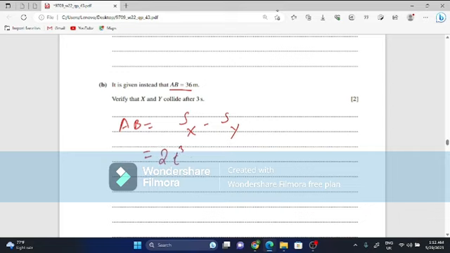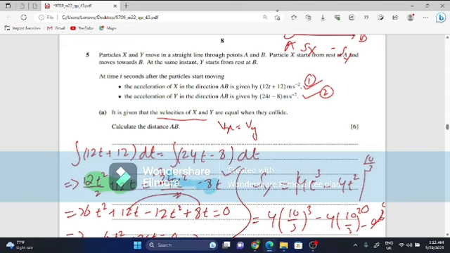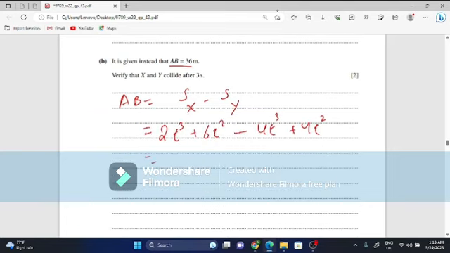So plug in the relevant expressions that you have calculated in the first part. That was 2t cube plus 6t square minus 4t cube plus 4t square. That was the expression calculated here while doing the integration. So solve it. That gives you minus 2t cube plus 10t square.